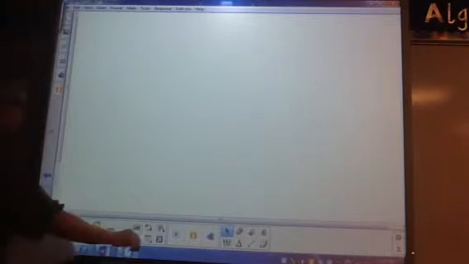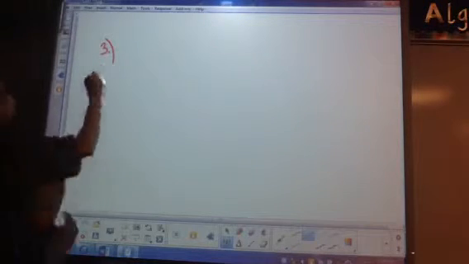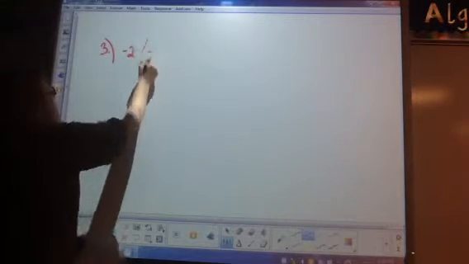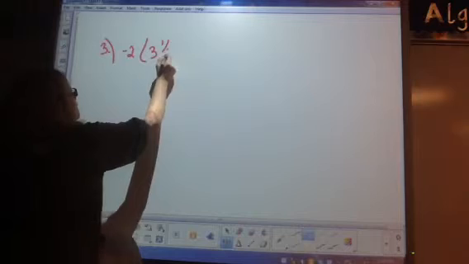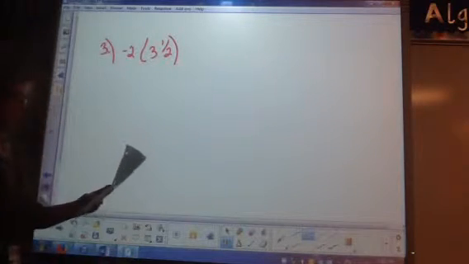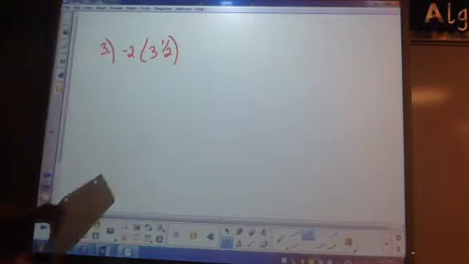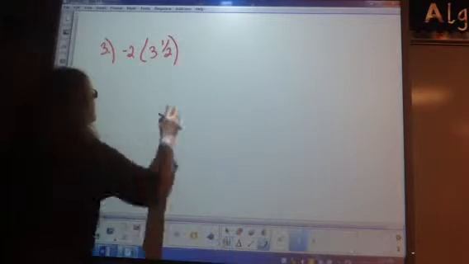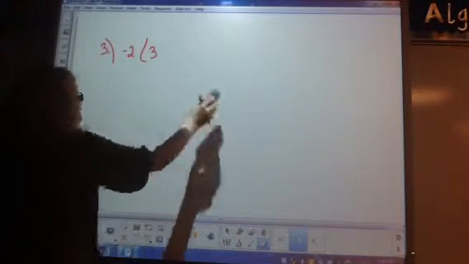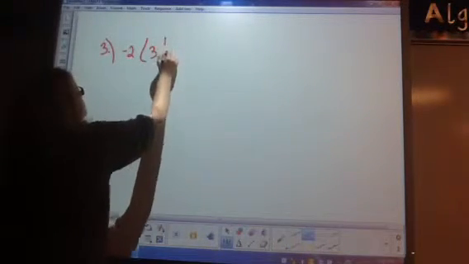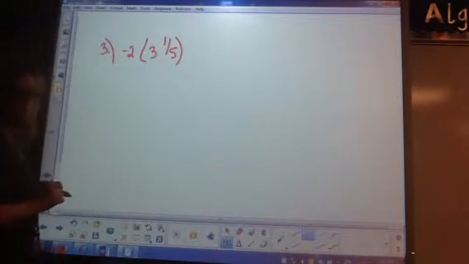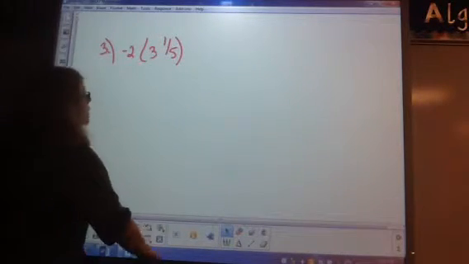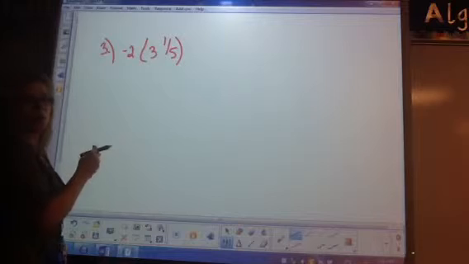Okay, what if we have a whole number times a mixed number? Actually, let's change that to 3 and 1/5. Do y'all remember how to go from a mixed number to improper?